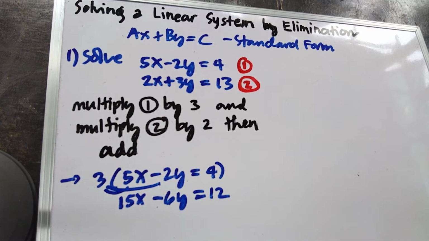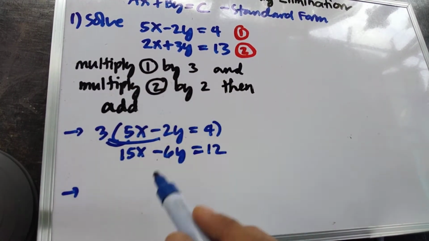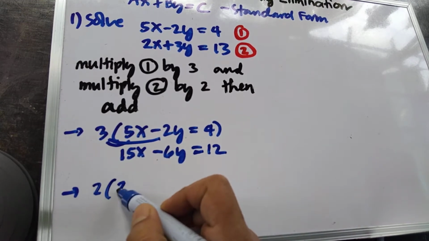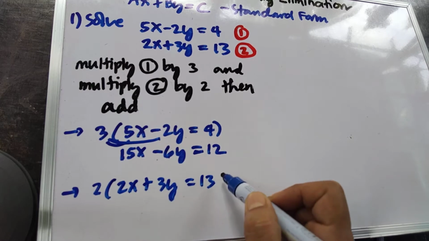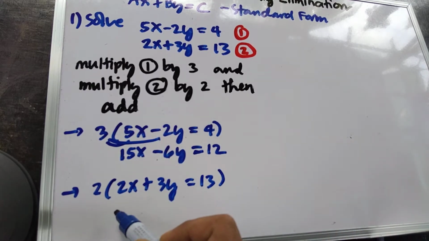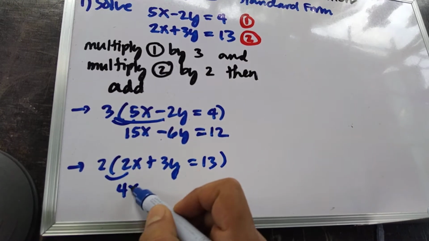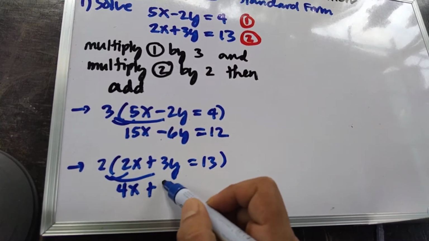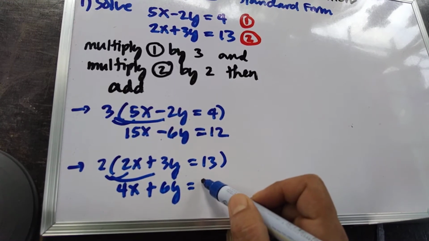Next, we will multiply equation 2 by 2. You have 2 times 2x, 4x, plus 6y, and 2 times 13, you have 26.